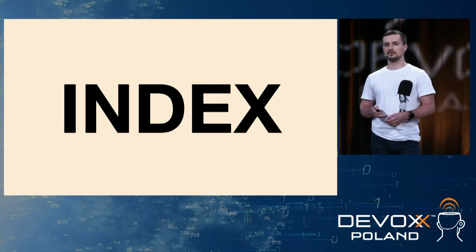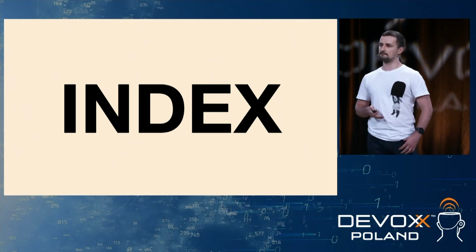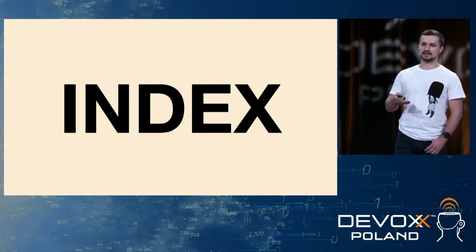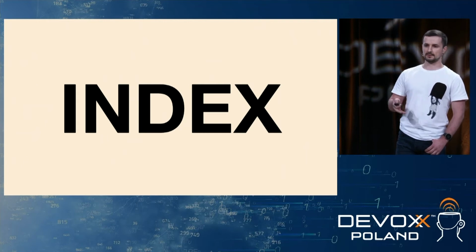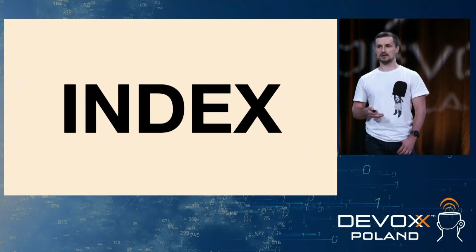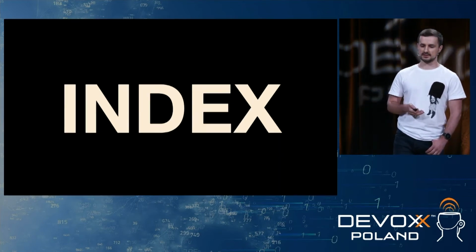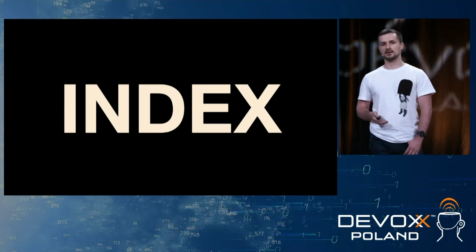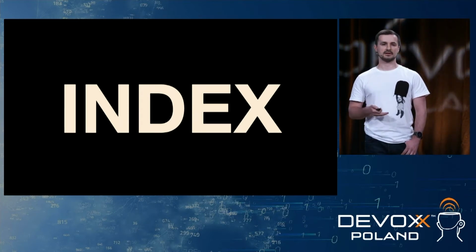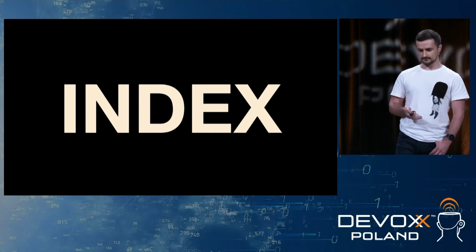So we need some kind of other way to analyze and index the documents before we can query them. And how Elasticsearch and many other search engines do it is an inverted index. So let's go through an example and see how it is stored.